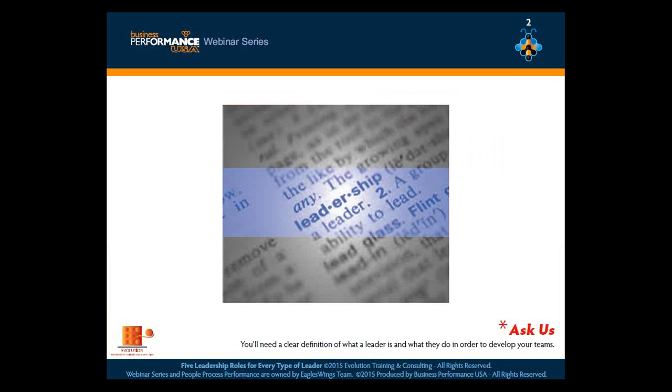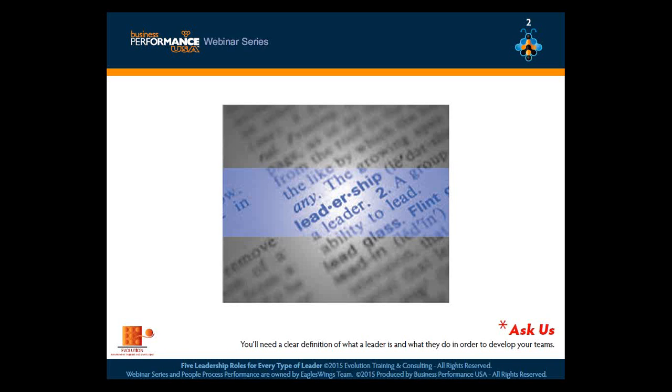So obviously what we're going to be talking about here shortly is the definition of leadership. And you'll notice in the bottom right-hand corner, ask us questions. Those are just prompts that you can ask us those type of questions now or later. And this prompt is that in order to develop leadership in your organization, you're going to need to have a clear definition of what leadership is and how to identify it.